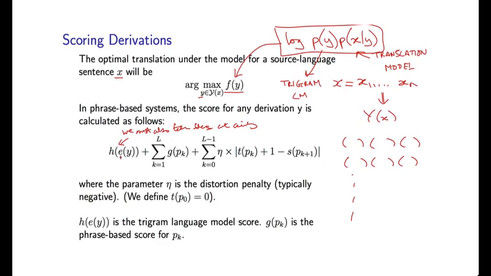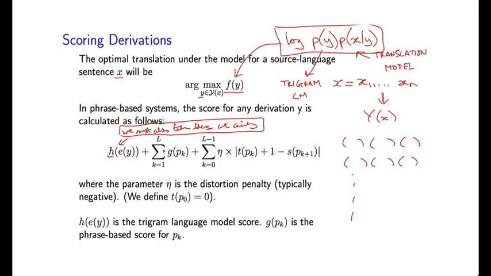And h of e of y is just going to be the score under a trigram language model. So this score h scores our English sequence of words. This is actually the log probability under a trigram language model.